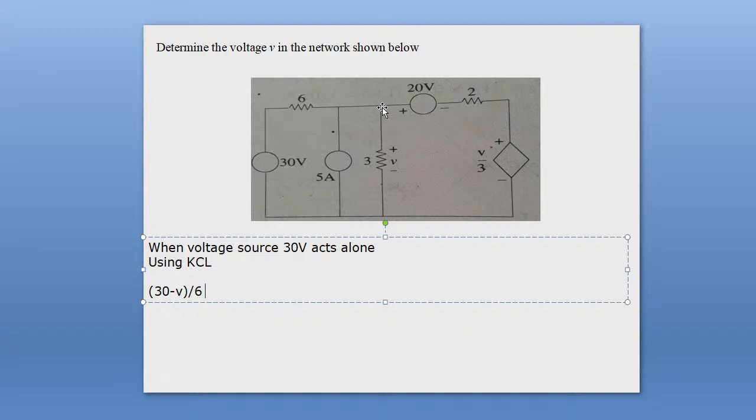This current enters this terminal, and you will get another current for the dependent source.